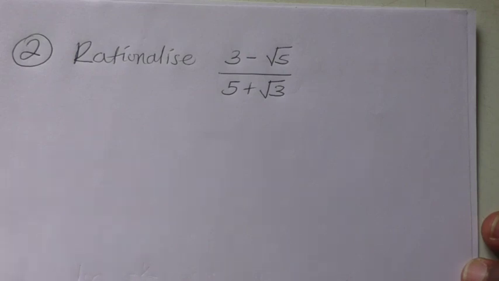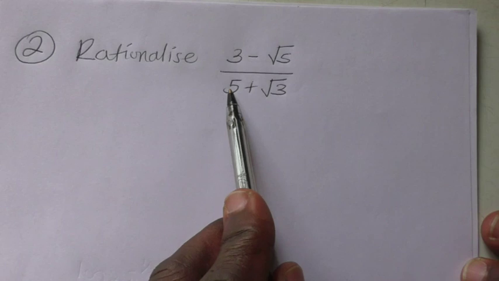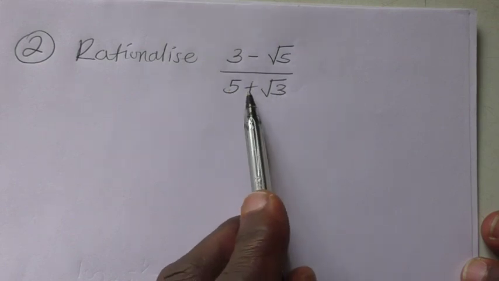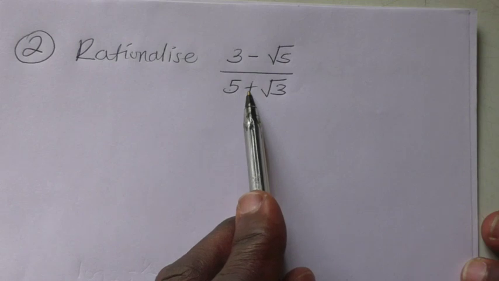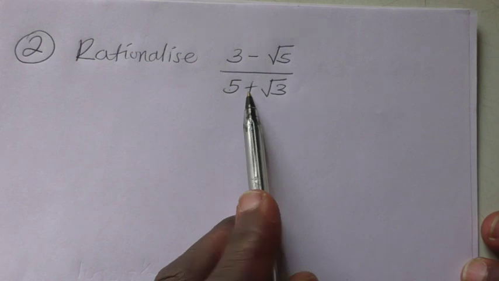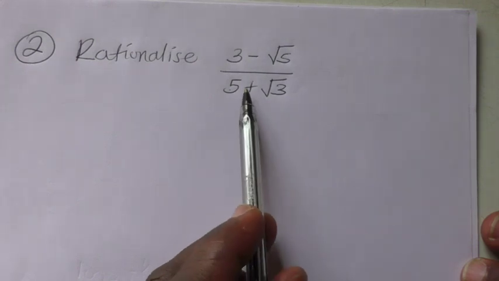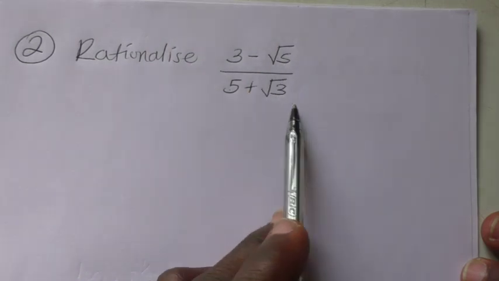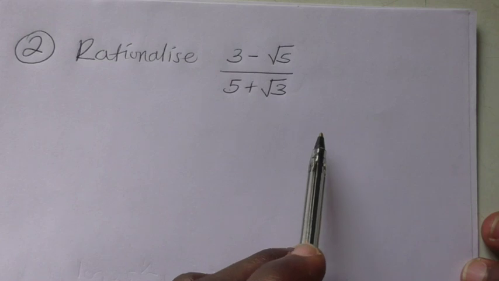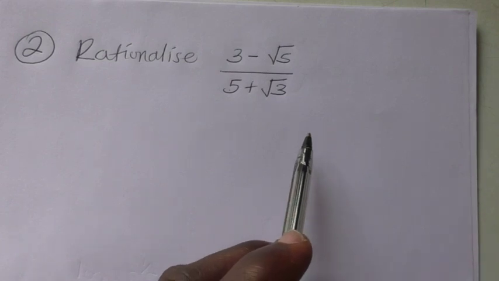The conjugate is just getting the denominator but changing the sign. If it is a plus, the sign changes to minus. If it is a minus, the sign changes to plus. So after getting the conjugate, we multiply it both by the numerator and the denominator.